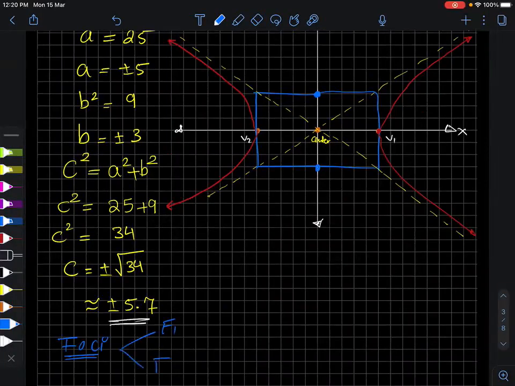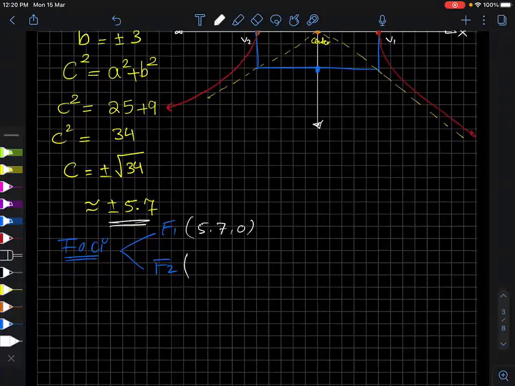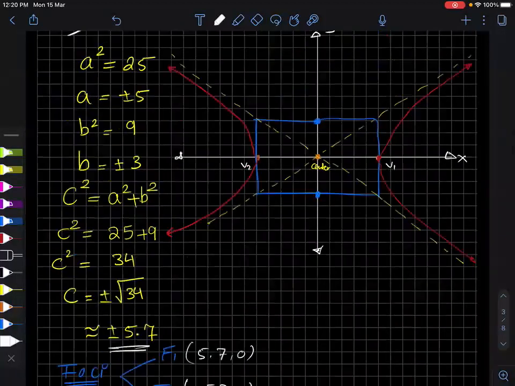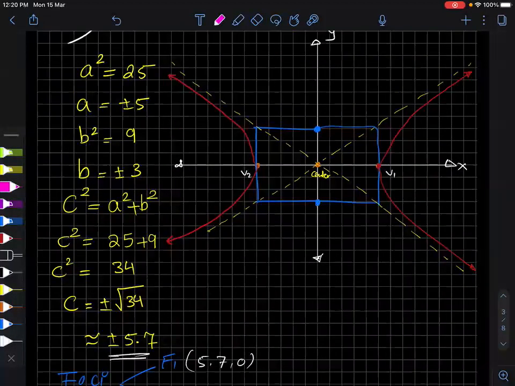F1 is at 5.8 and 0, and the other focus is at negative 5.8 and 0. Plot these 2 points on the transverse axis, the one that passes through the center and vertices. Then 1, 2, 3, 4, 5, 5.8 is a little bit before 6. And the other focus is here.